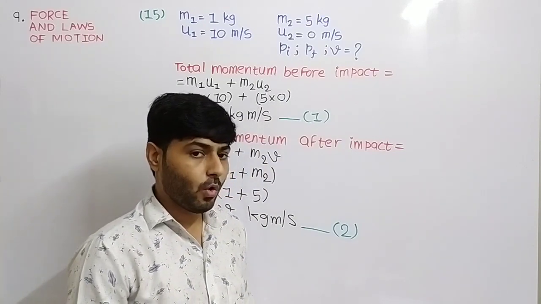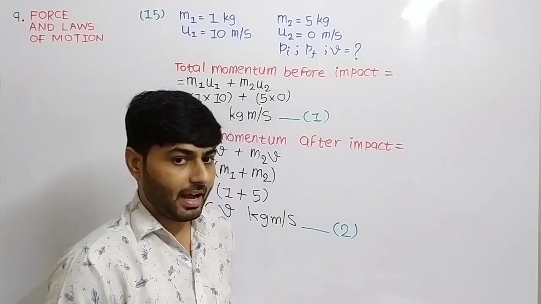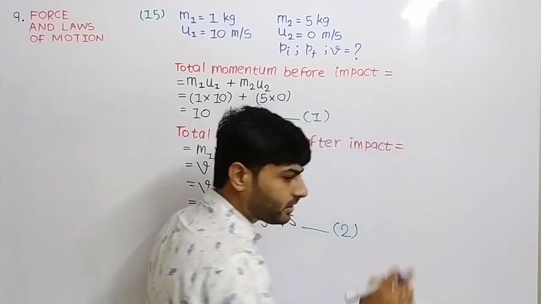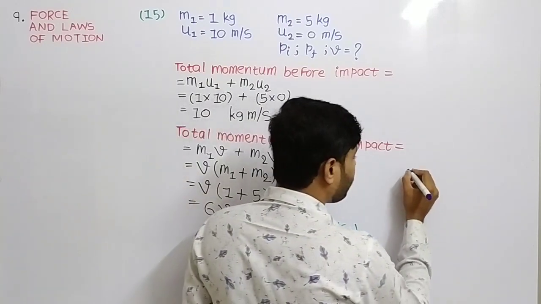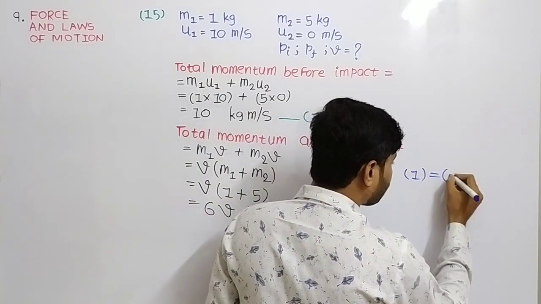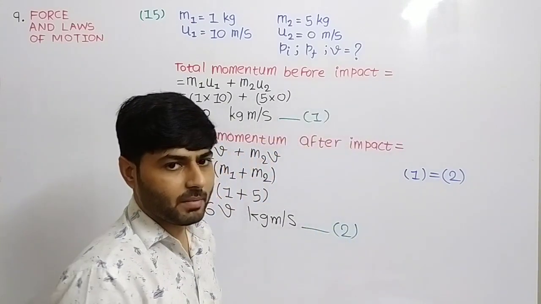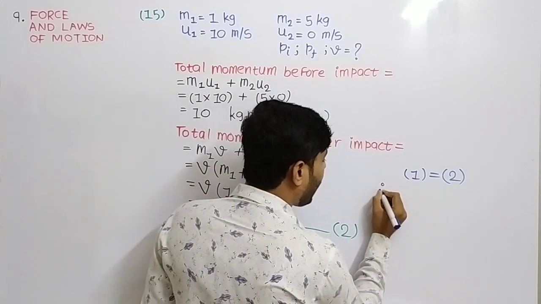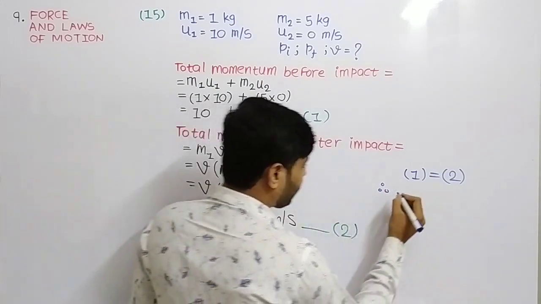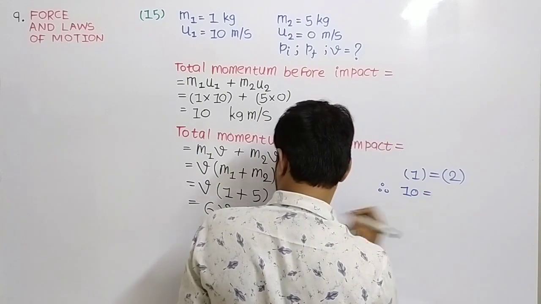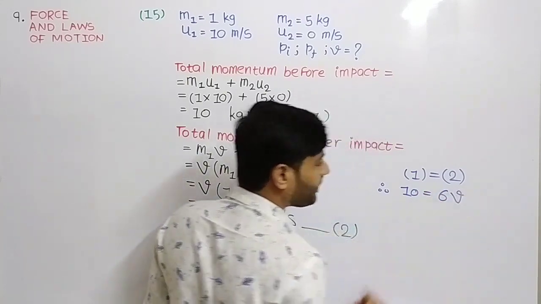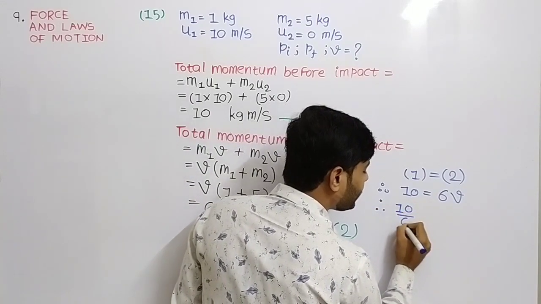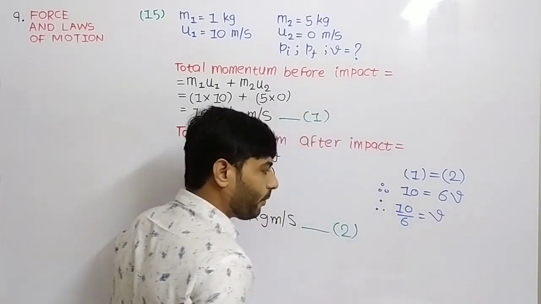Now by the law of conservation of momentum, we will have equation number 1 equal to equation number 2, or result 1 equal to result 2. So I have 10 is equal to 6v. Therefore 10 by 6 is equal to v.